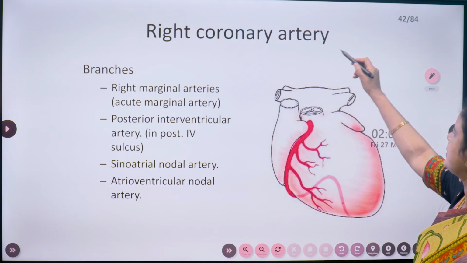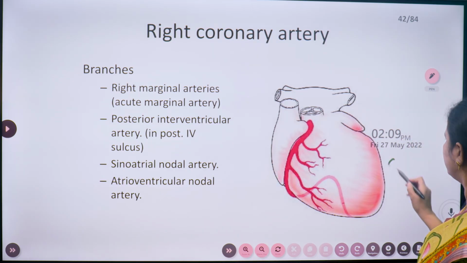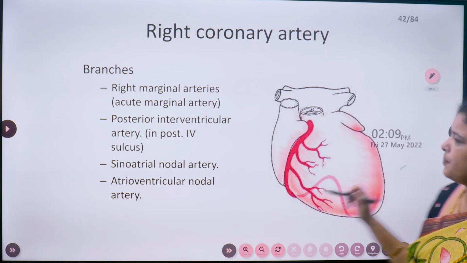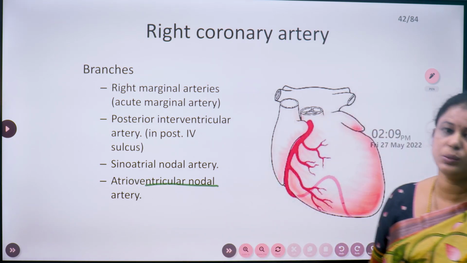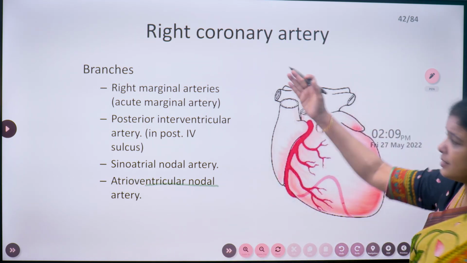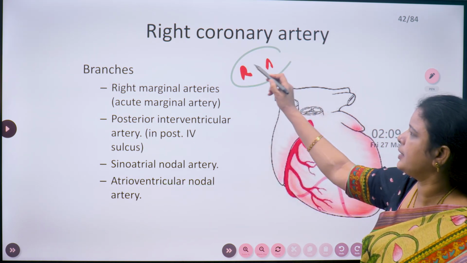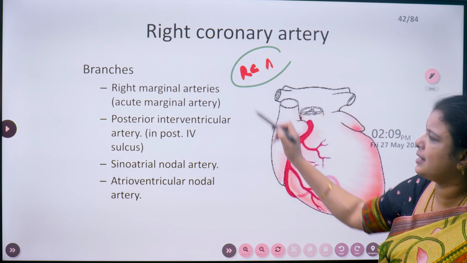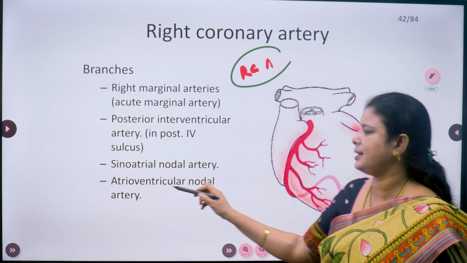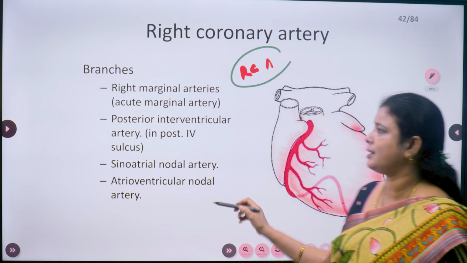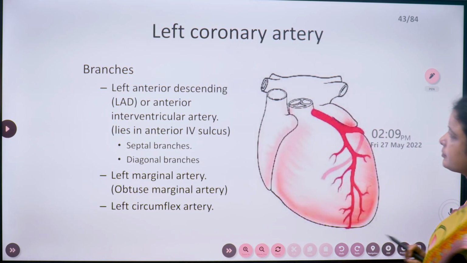Also the atrioventricular nodal arteries from the right coronary artery. These are the branches of right coronary artery.